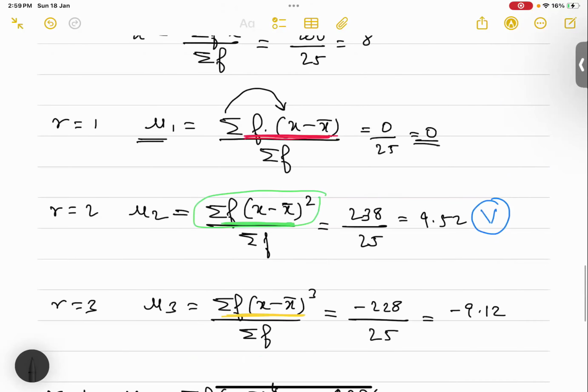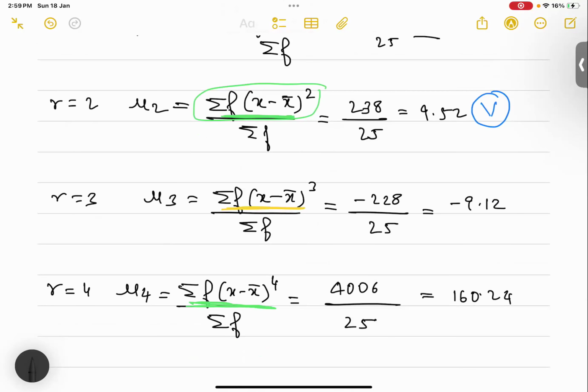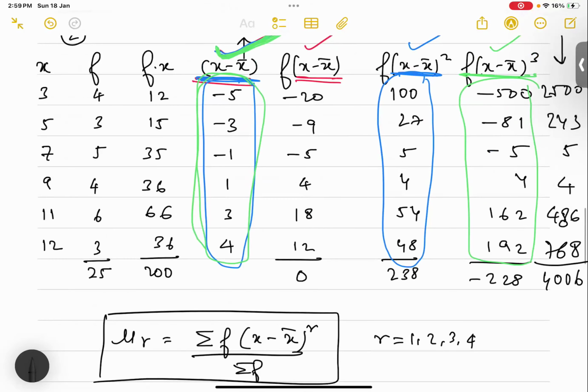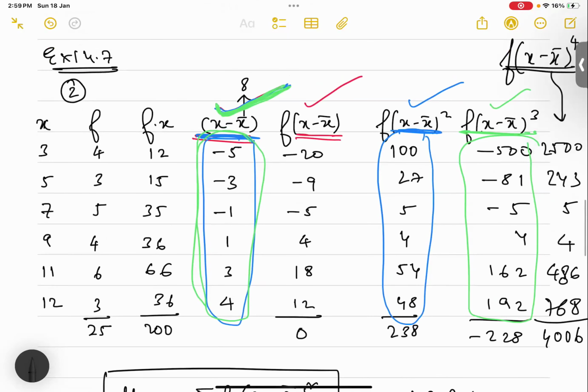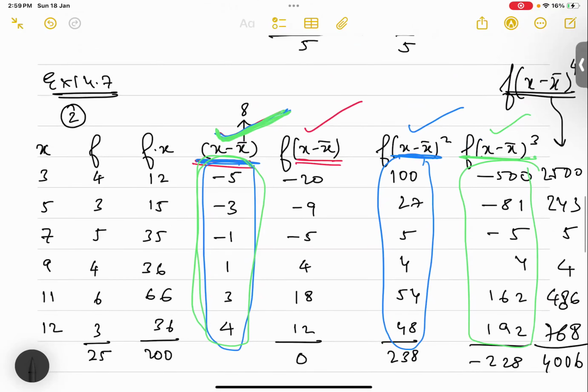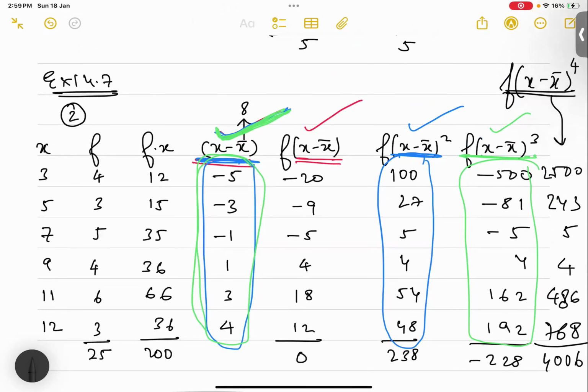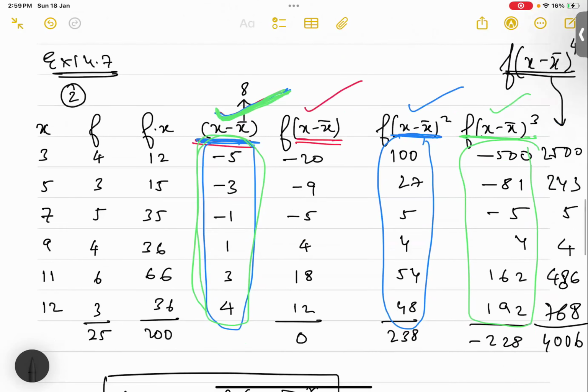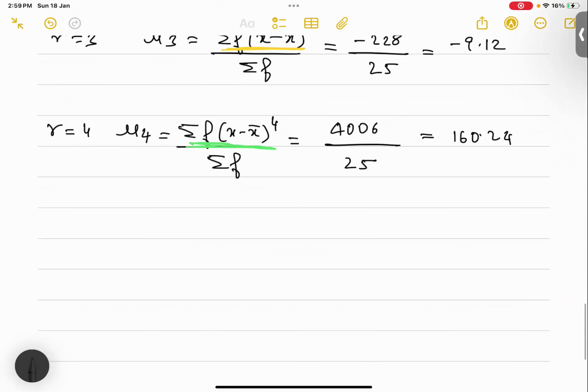I hope you understood these calculations. The next part is skewness. You have to write down quite a lot of things right now and understand as well.